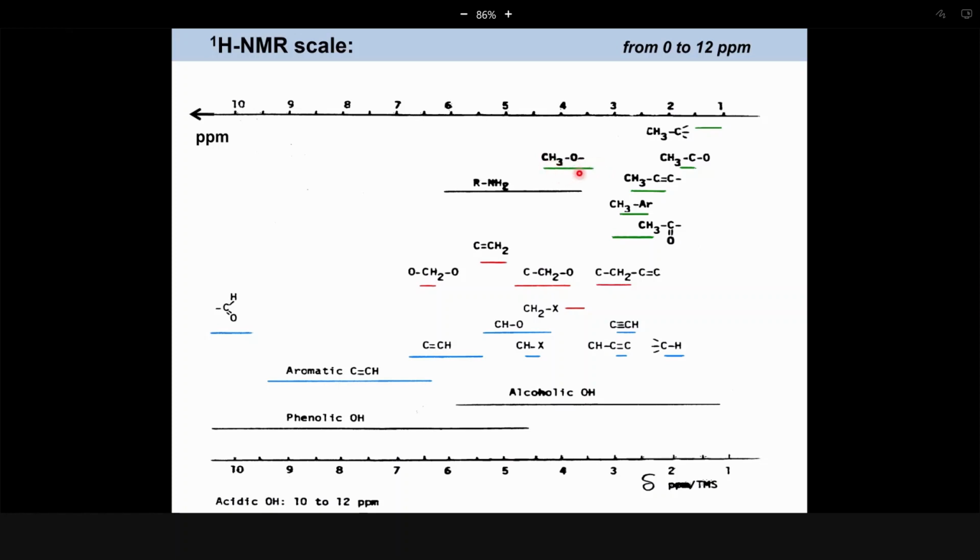That means that depending on the electronegativity around the protons we are observing, you have a change in the frequency of resonance. Because of this change, we can say that we have in the structure a heteroatom close to this group of protons, because we have a chemical shift around 4 ppm.